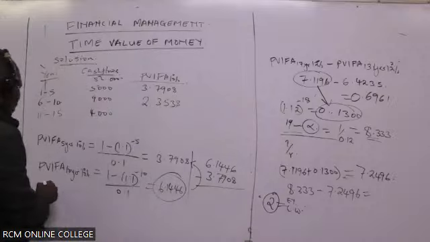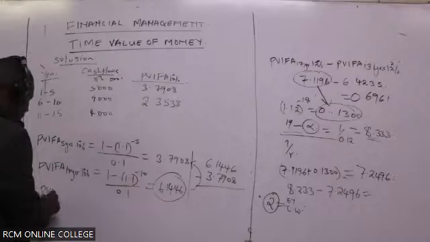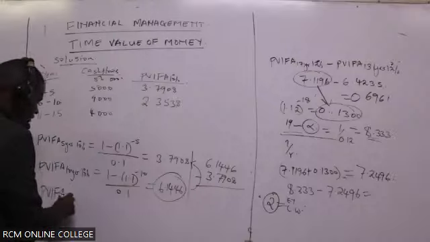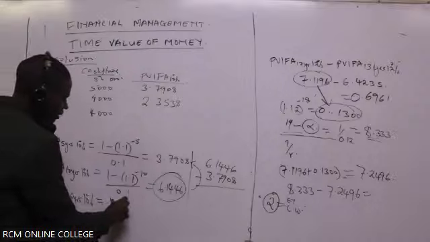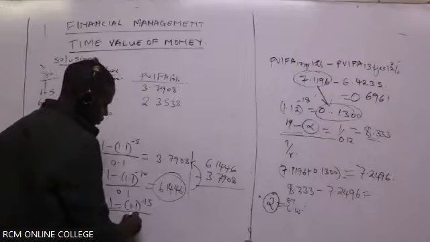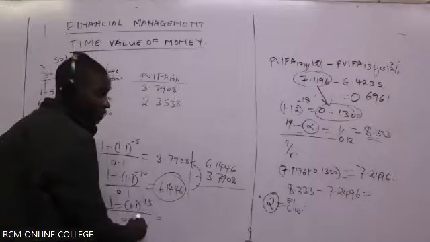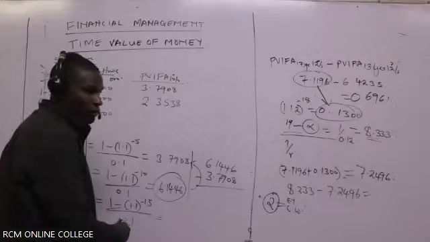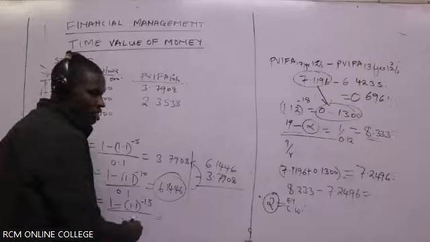And then the last one is for 15 years. PV for 15 years, 10%. That will be equal to 1 minus 1.1 raised to the power negative 15 divided by 0.1. What do you get for 15 years? 7.6061.